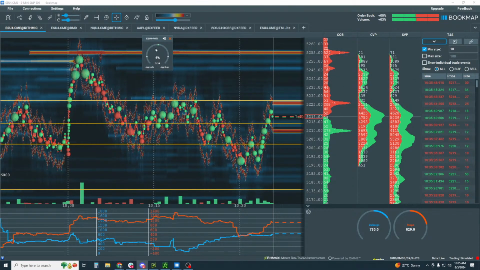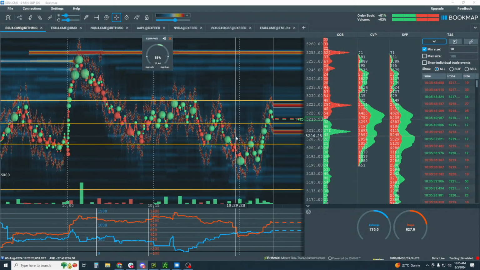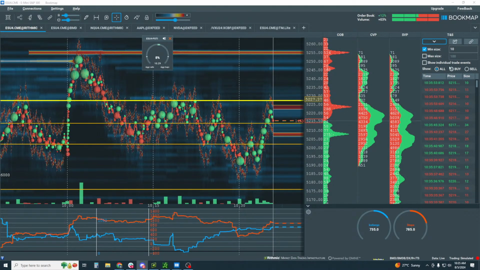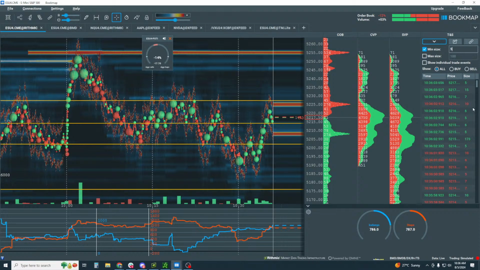Okay, interesting. I have not heard the pace of tape picking up at all. And over here we have the size 10. Actually, let's bring it down to 5 and see. So it has to be 5 or greater in order for this to work.